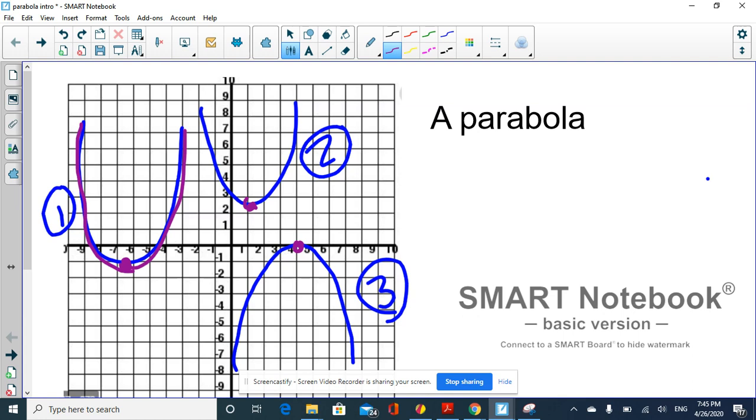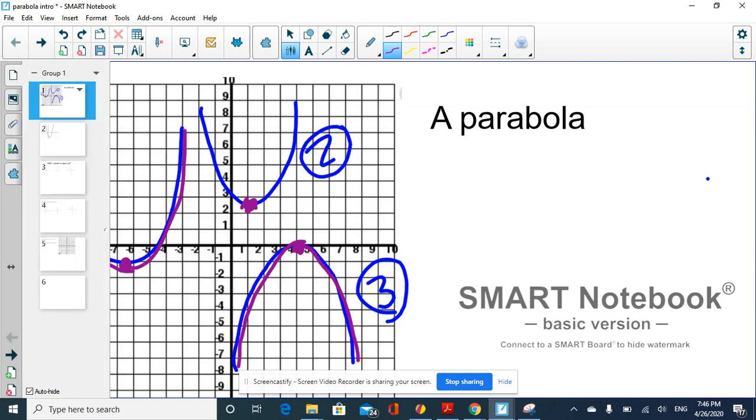So if the parabola opens up, the vertex is the minimum point, as in the first and the second graph. In the third one, the function goes up until it reaches this point, then it goes down. This vertex here is the maximum point. So we have a minimum point or a maximum point. If it opens up, we have a minimum point. If it opens down, we have a maximum point.